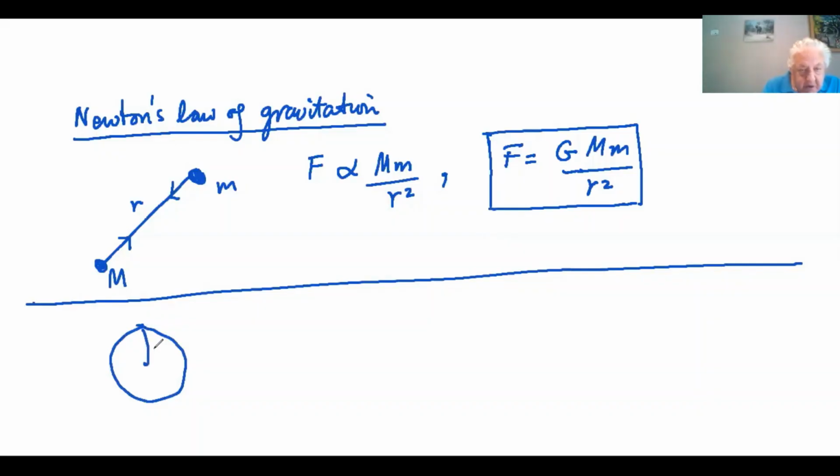This is the radius of my Earth. I consider an object close to the Earth at a height h. My acceleration due to gravity is ag.